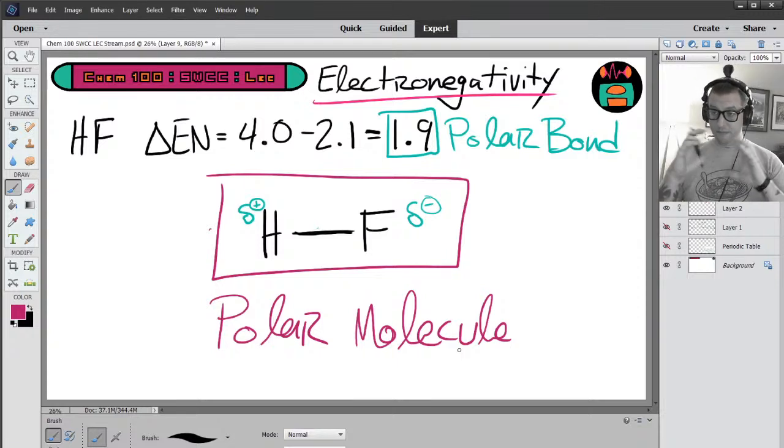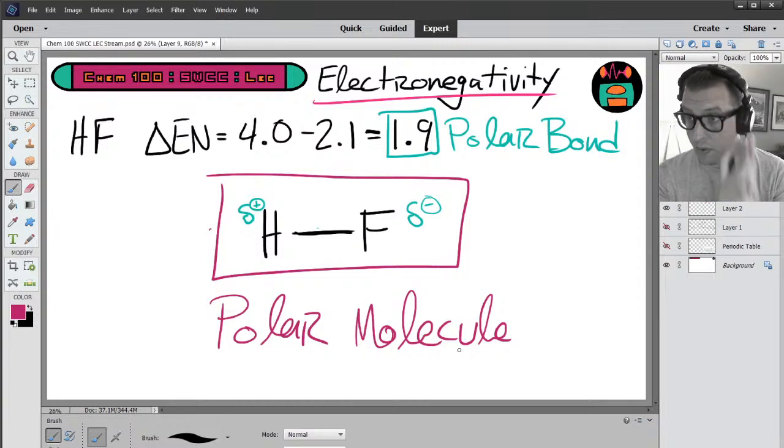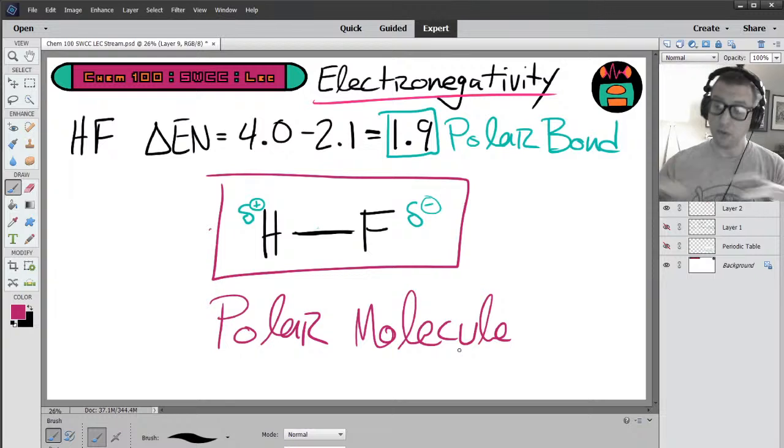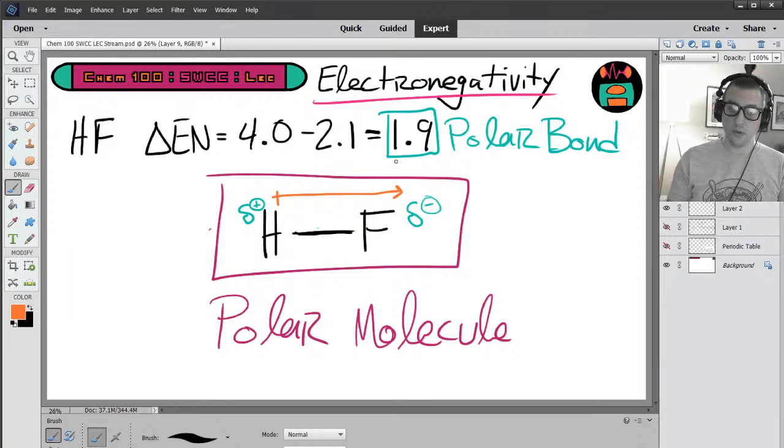And that becomes so, molecules that are polar, molecules with an uneven distribution of electrons, molecules with polar bonds can themselves become polar, because another way you can represent this is with what's called a dipole.